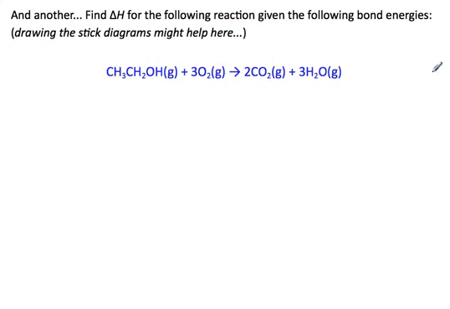Let's look at another one. So this is the combustion of ethanol. And so again, we would expect this to be exothermic, and it is likely going to be exothermic. And so again, a simple stick diagram to begin with.